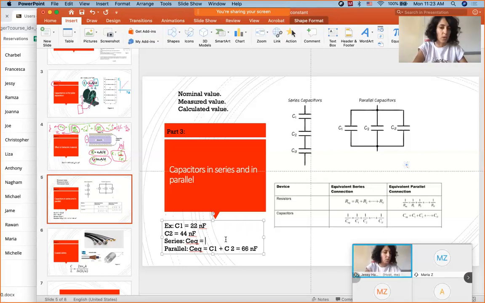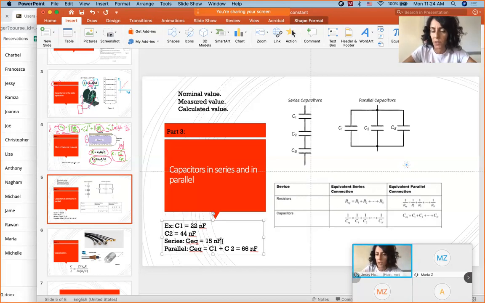For the series one, my calculator gives 14.67 nanofarad. I got the same answer as well. For the rounding, I'm going to simply say 15 nanofarad, because I have two significant figures, so I round to two significant figures.